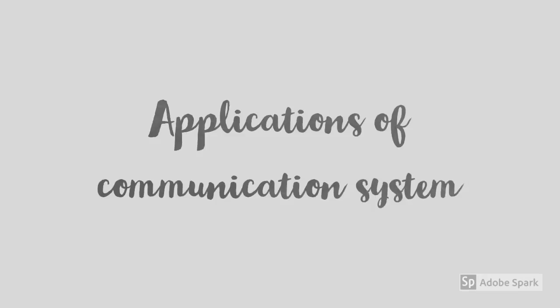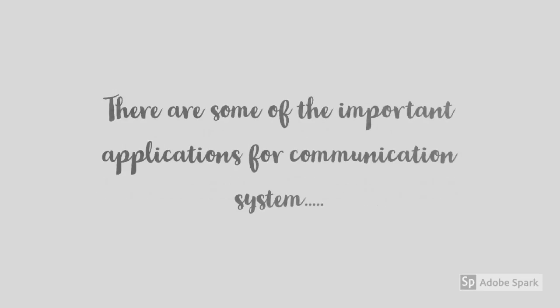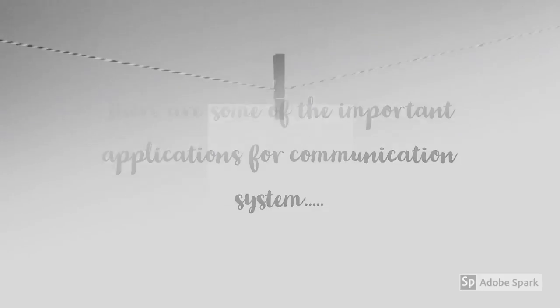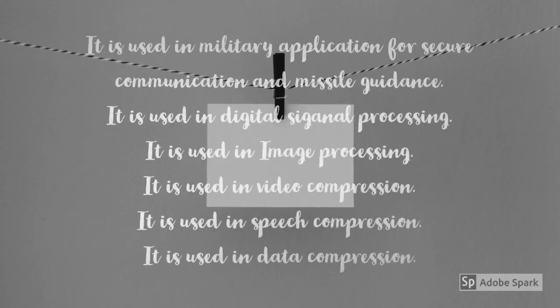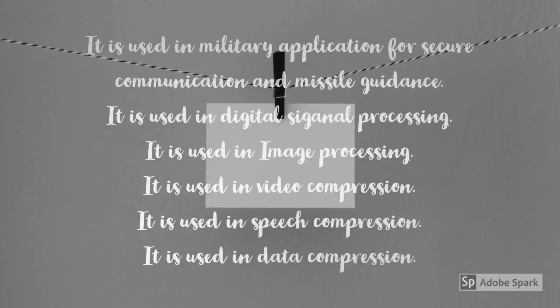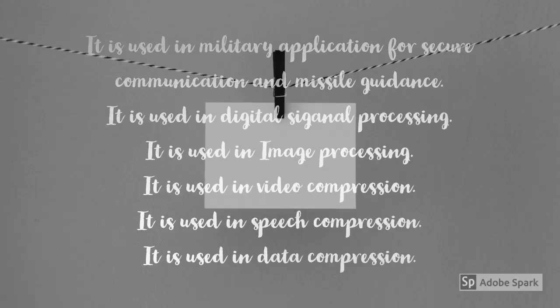Now let's see some of the applications of a communication system. There are some important applications for a communication system. Basically, for military purposes, such as secure communication and missile guidance, and to be used in digital signal processing, image processing, video compression, speech compression, and data compression, the communication system is widely used in all these applications.